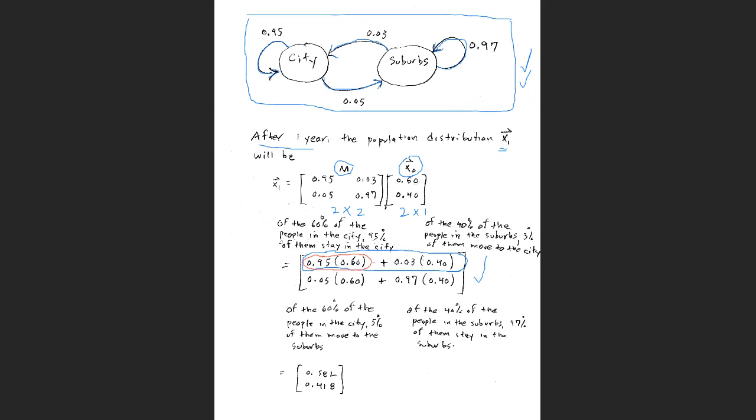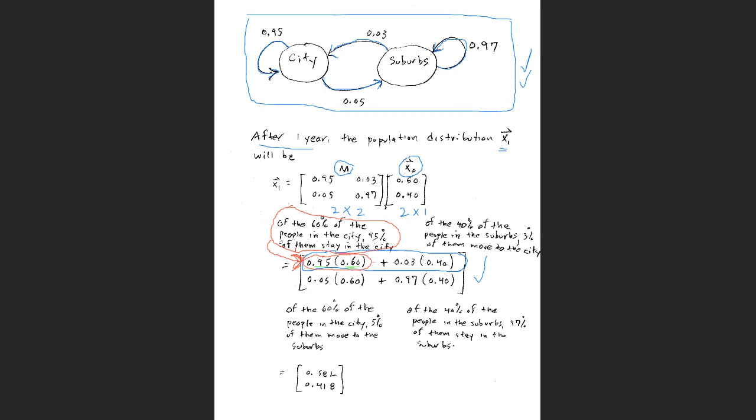The interpretation of that is that, of the 60% of people in the city, 95% of them stay in the city.